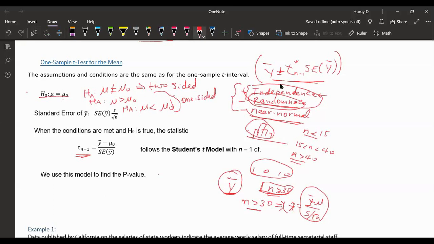And then we have the standard error of y bar. So when the conditions are met and H sub naught, the null hypothesis, is true, this statistic follows a student's t model with n-1 degrees of freedom.